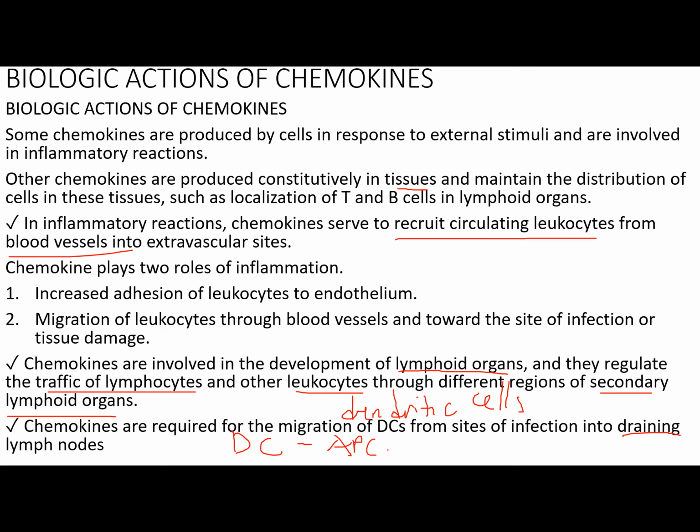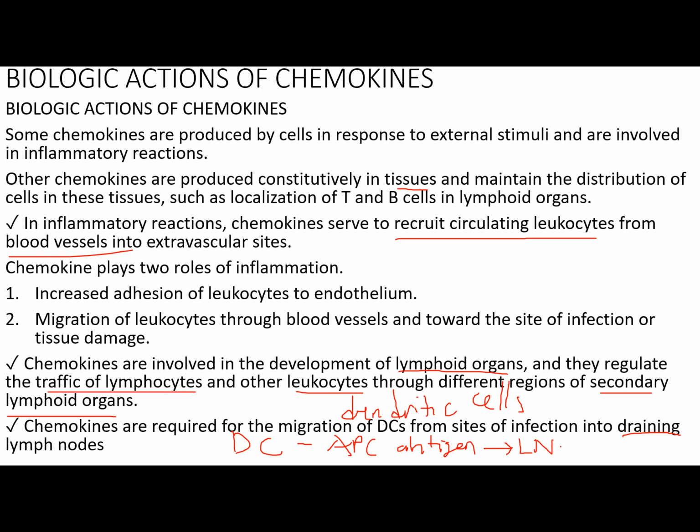So, ang mangyayari dyan is that yung antigen or yung foreign substance, a-attach ngayon siya dun sa dendritic cell. And this would occur sa site ng infection. Now, from the site of infection class, pupunta siya ngayon sa lymph nodes.